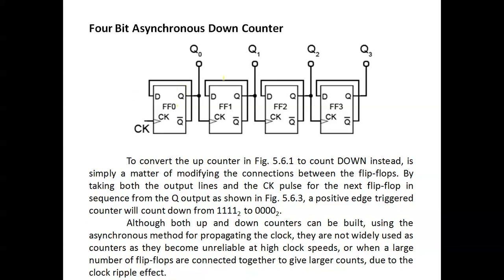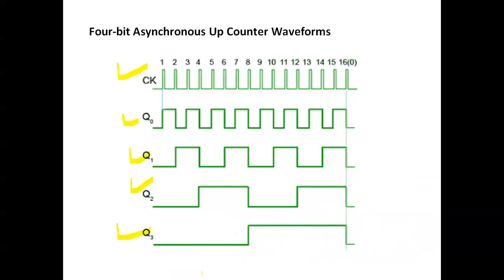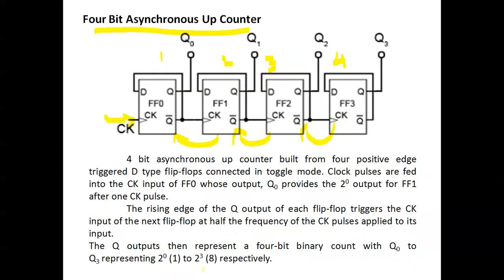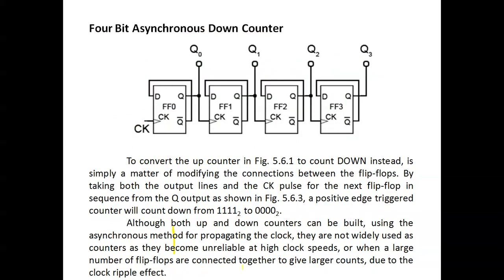The down counter is also an asynchronous counter. There are D flip-flops available, the same as before. The only difference is that in the up counter the clock is given from the inverted output, and in the down counter we give the clock from the normal output.